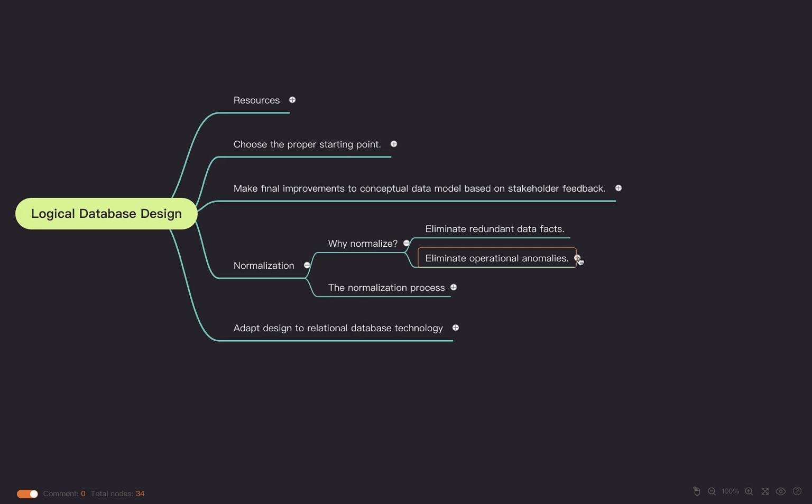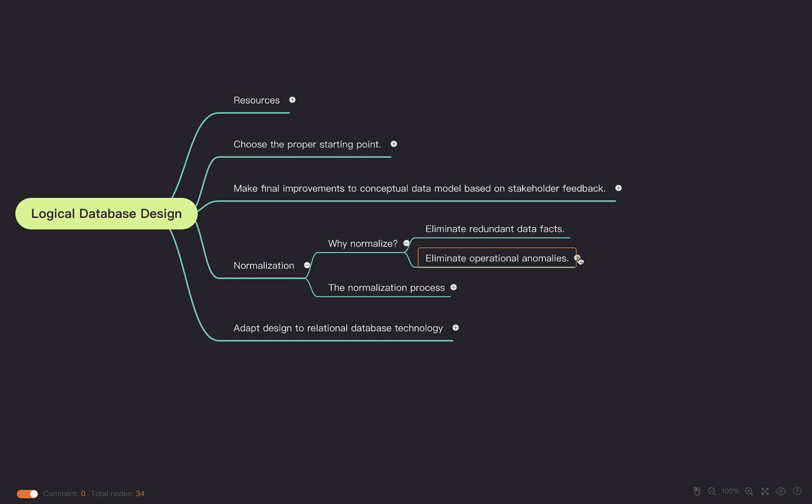So I've mentioned a couple of times already that we're doing this logical database design for a relational database. And it's probably true that logical database designs are going to be specific to a particular technology.